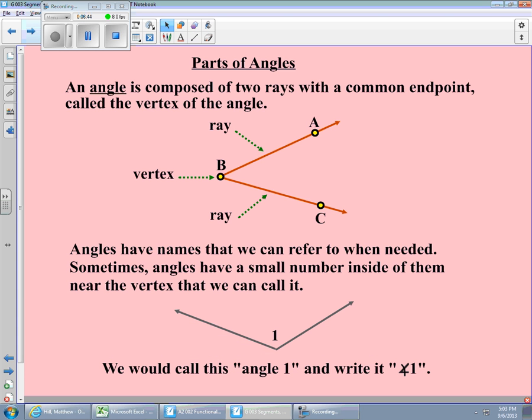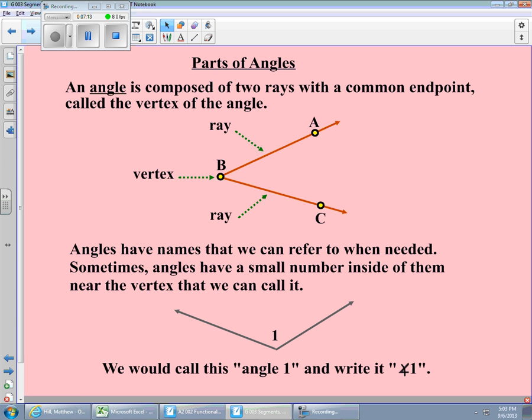In this particular diagram, we have an angle, appears to be an obtuse angle. We'll get to that another day. But you see down inside of the angle near the vertex, there is a little number sitting there. In this case, it is a 1. And this is a name of the angle that we can refer to. So when we're speaking about a particular diagram, we can ask questions or make statements and simply refer to what's going on with angle 1 in the picture.